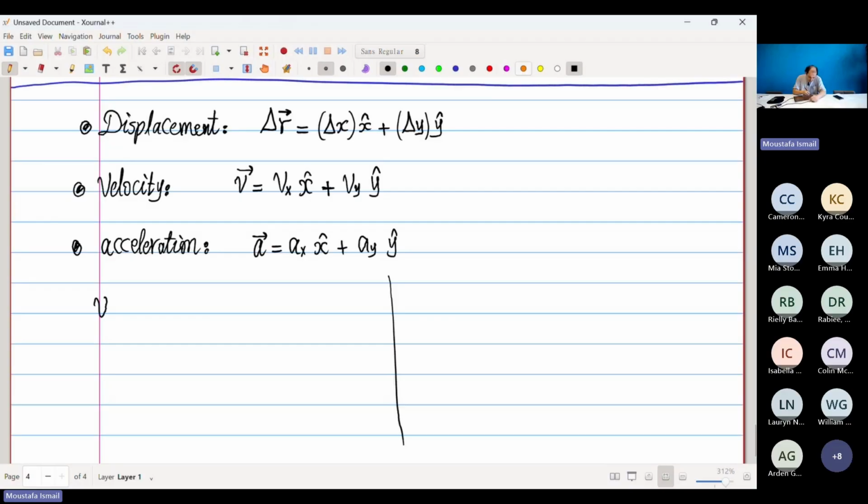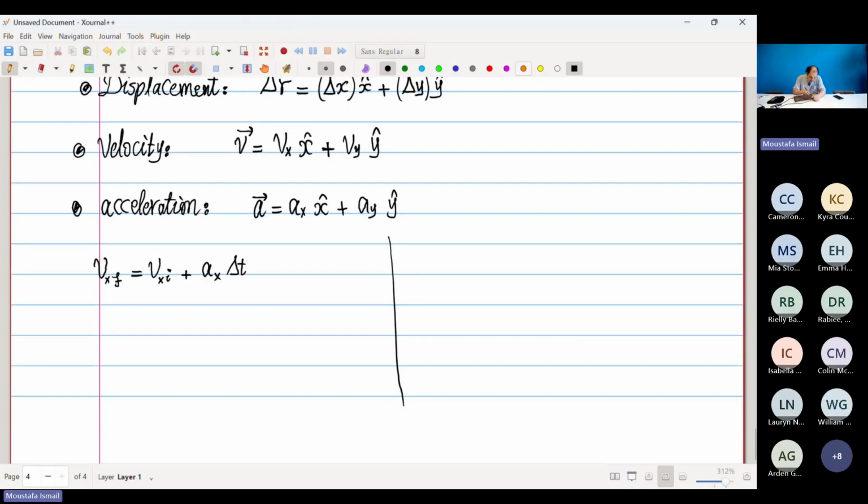So we originally had v final equals v initial plus a delta t. Now we need subscripts x, because now it's along the x direction.